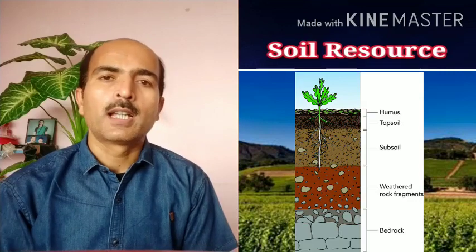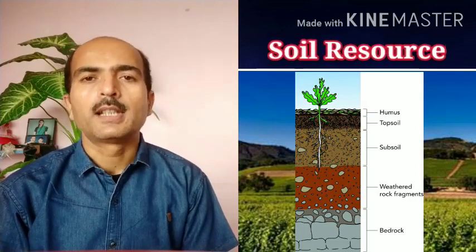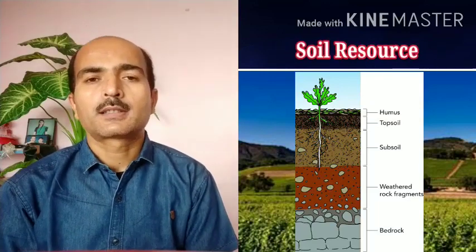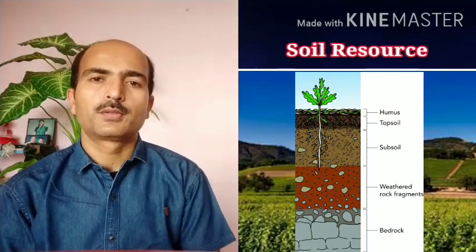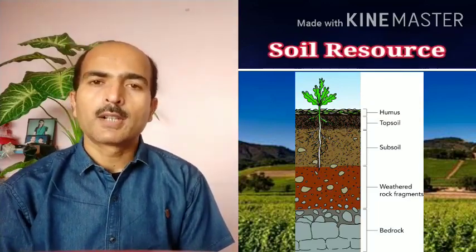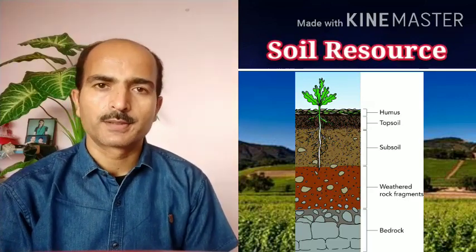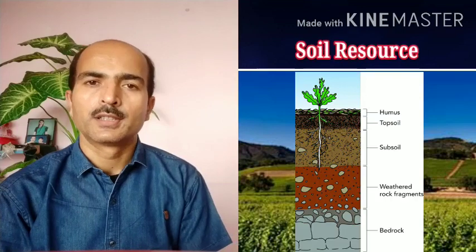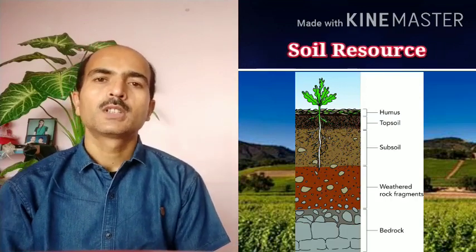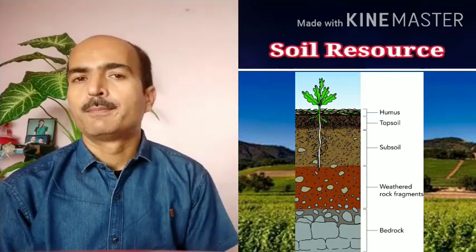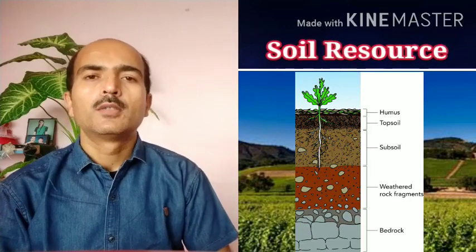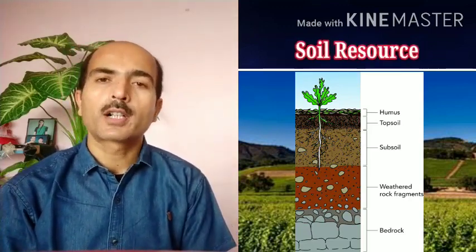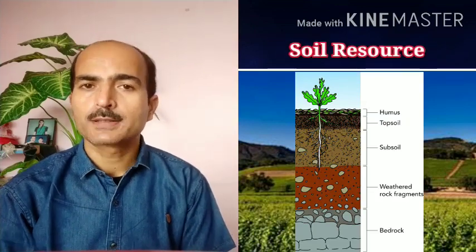The layer of soil just below topsoil is subsoil. The grains of this soil are slightly bigger in comparison to topsoil. This soil has less humus, so it is not so useful for agricultural uses. If we see the bottom of the soil profile, we find weathered parent rock, which has broken pieces of rocks.